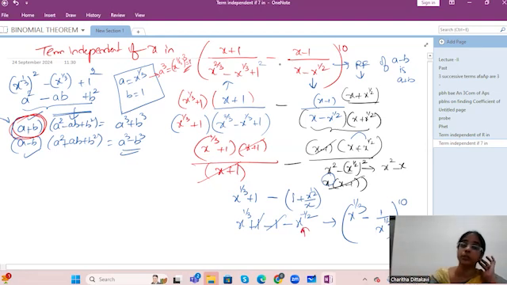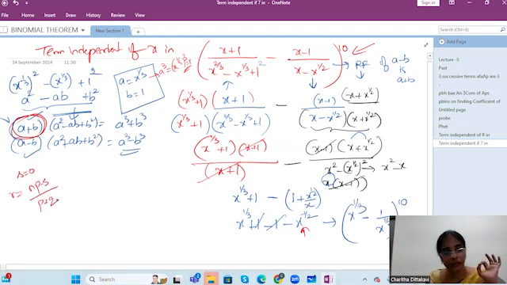And the question says term independent of x in this whole to the power 10. So I got to the form of, now what do I want? Term independent of x in the sense x to the power is 0. So my s is 0. My formula for finding the coefficients is r is (np minus s) by (p plus q). Here, what is your p and q? P is your 1 by 3. Q is your 1 by 2, S is your 0, and N is 10.